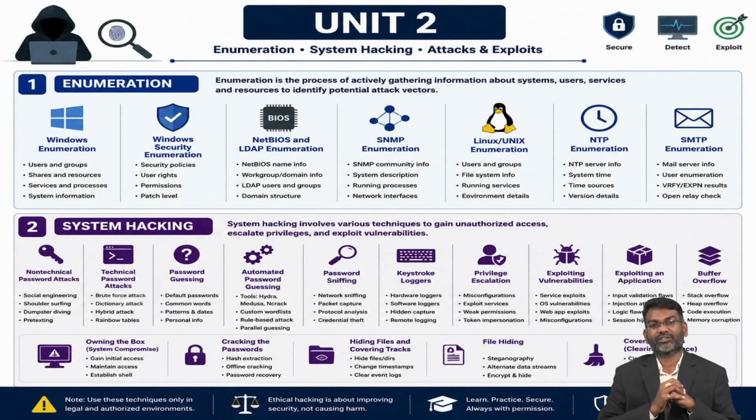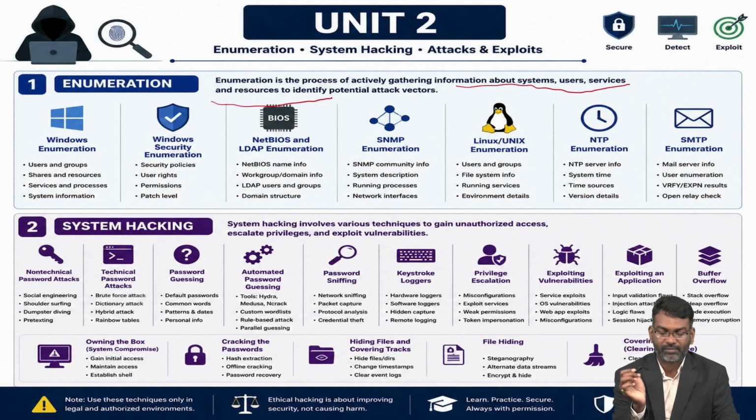Primarily going with enumeration. What exactly is enumeration? As I said, we will get the required data from different types of sources. Here you can see in the slide, enumeration is nothing but a process. What is the process? We are gathering information from different types of sources. Here you can see the definition: it's a process of actively gathering information about systems, users, services, and resources.